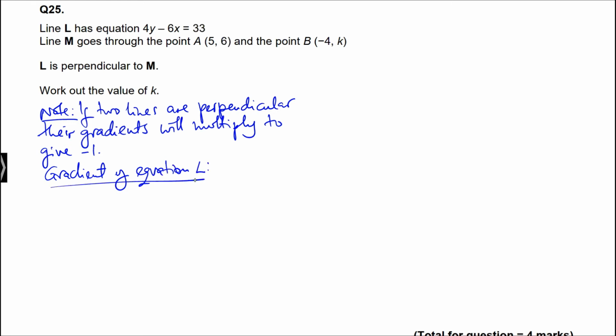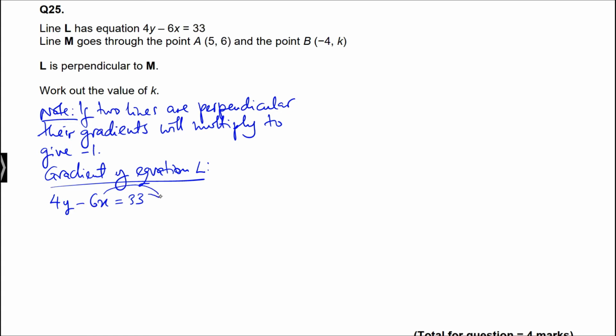So to find the gradient of equation L, we need to write it in the form of y is equal to mx plus c. So we have 4y minus 6x is equal to 33.